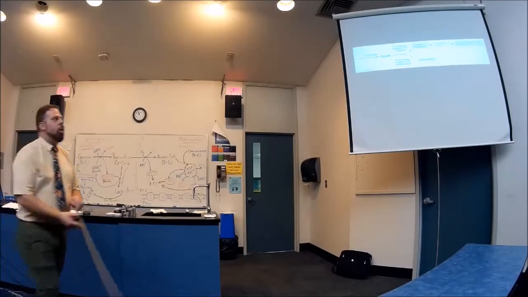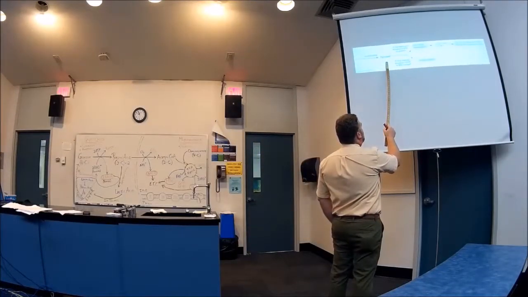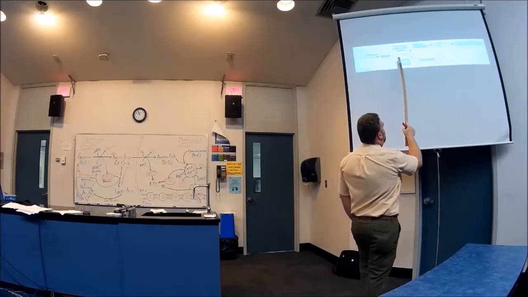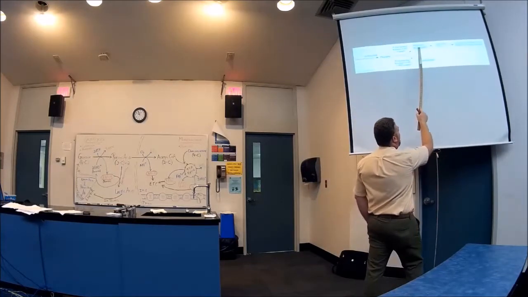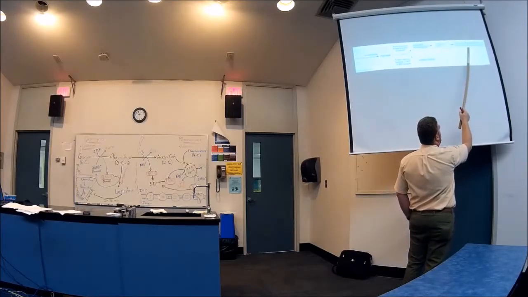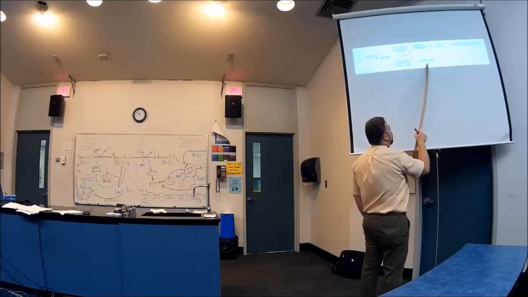So this is showing you, here's glucose going to pyruvate, glycolysis. If there's oxygen, it's going to actually get into the mitochondria, and it goes through the citric acid cycle and the electron transport chain and all that. Or if there's no oxygen, it goes through fermentation.